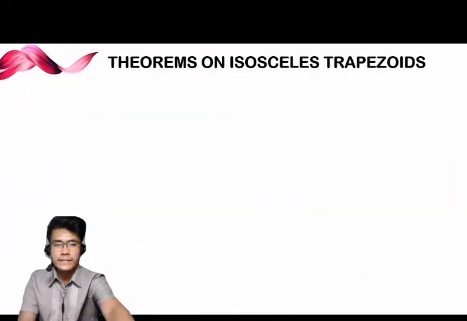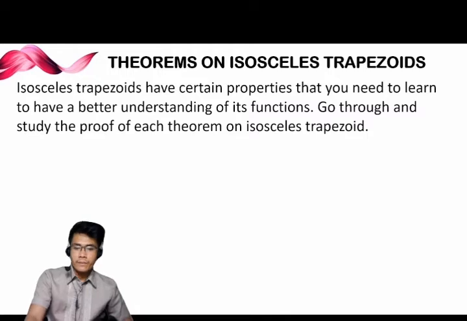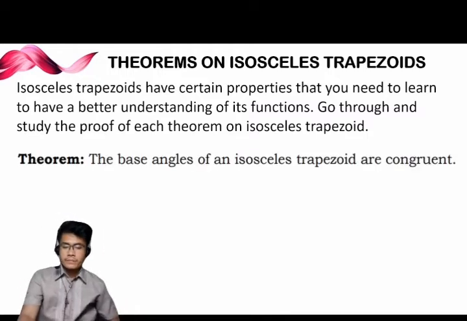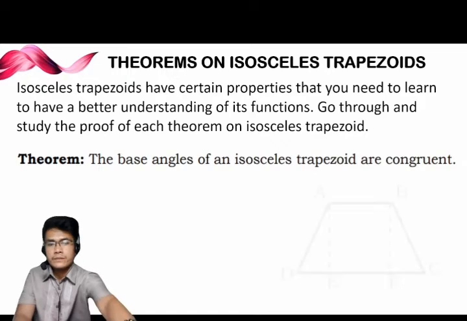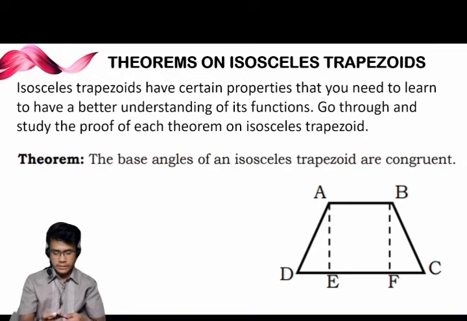Next, theorems on isosceles trapezoids. Theorem: the base angles of an isosceles trapezoid are congruent. So the base angles, class, are the consecutive angles that share a common side, which is the base. Asan yun?